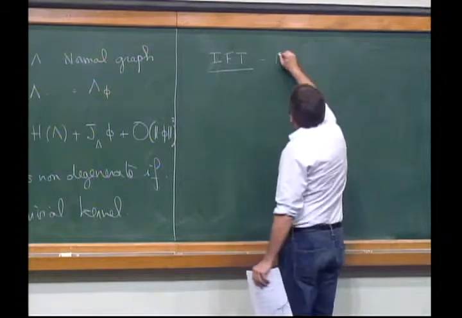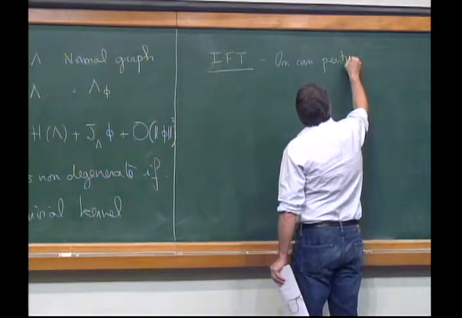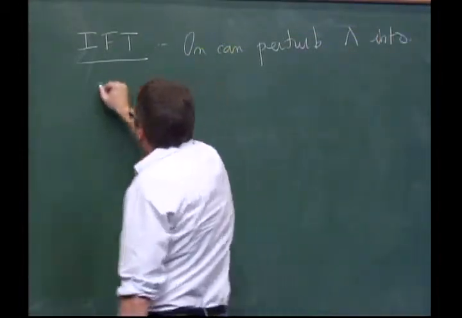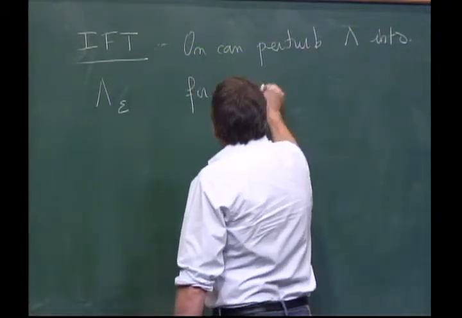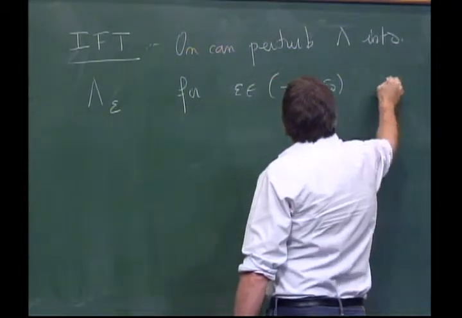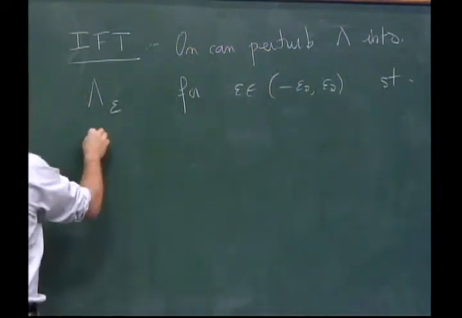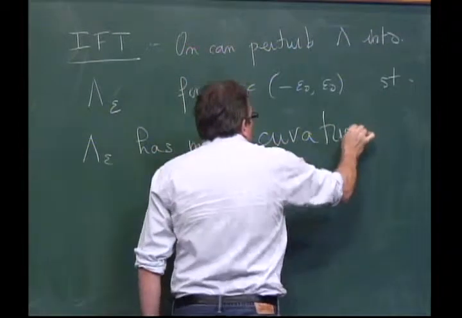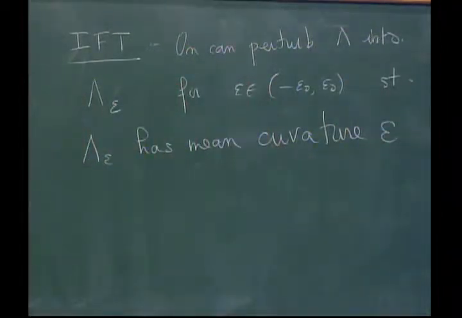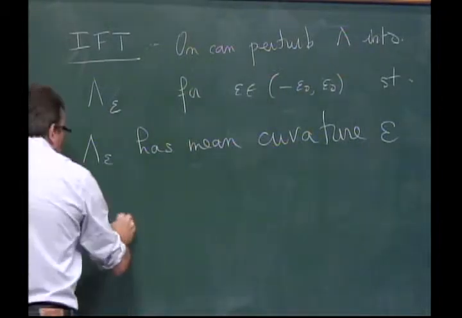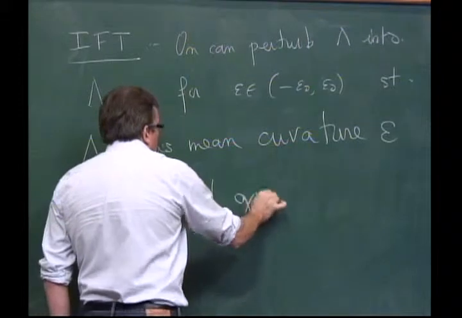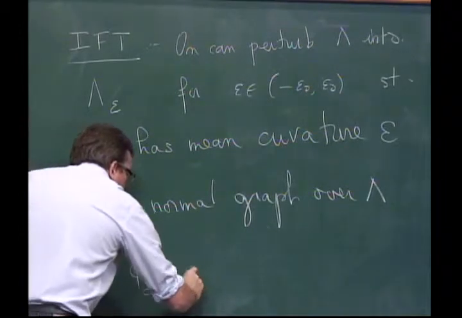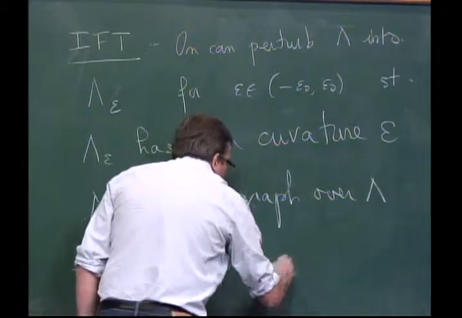So one can perturb lambda into a one-parameter family lambda epsilon, for epsilon in some small interval, such that lambda epsilon has mean curvature epsilon, and lambda epsilon is a normal graph over lambda for the function phi sub epsilon, which is given by epsilon psi plus something which is much smaller.